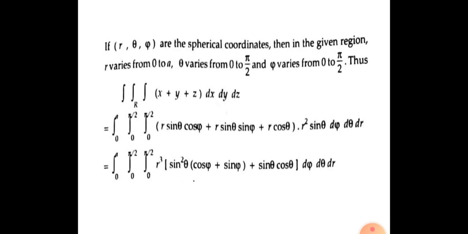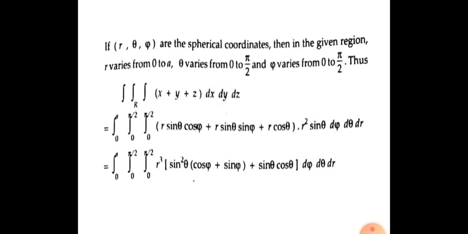Here r is a common factor from these three terms, and if you take outside the integral r and Jacobian r square, we have r into r square, that is r cube, and multiply each term by sin theta.